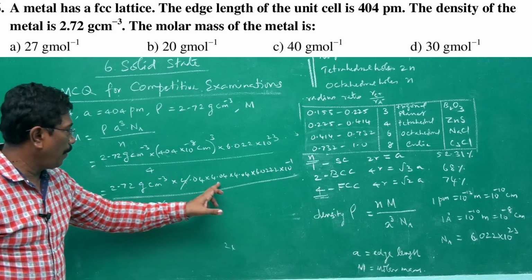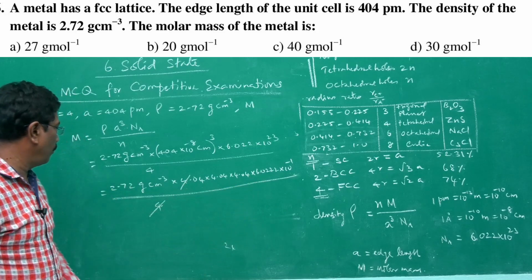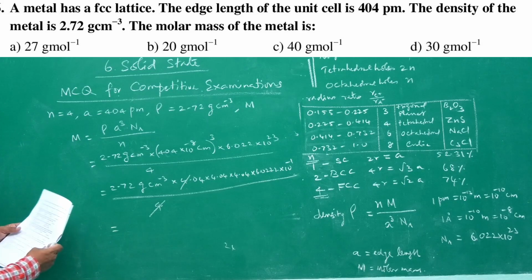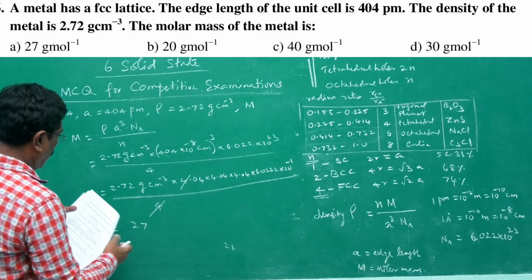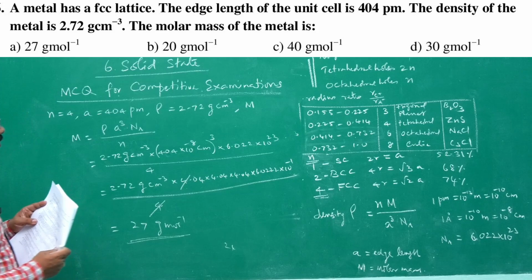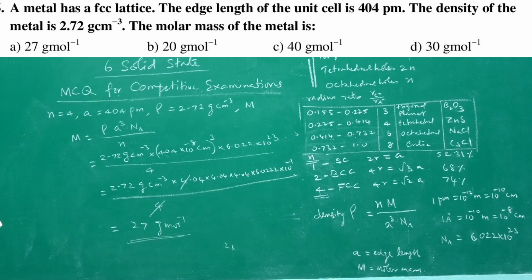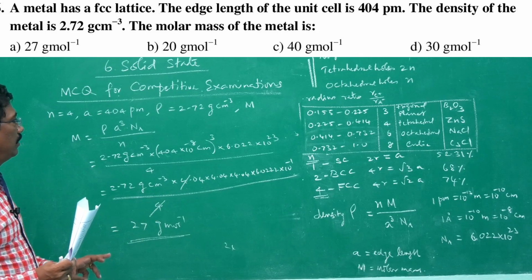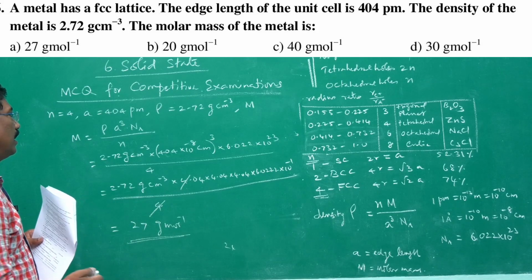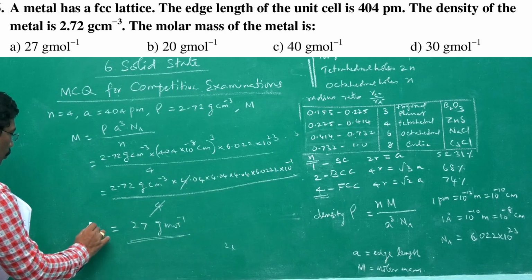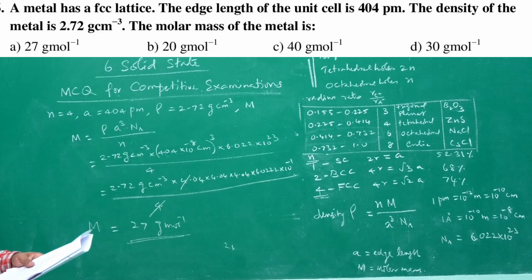If I multiply 4 into 4, 16 into 6, 64 into 2.72, the value will approximately be 27 gram per mole. So option A may be the correct option. Centimeter cube per centimeter cube gets cancelled, and therefore you will be getting the answer in gram per mole. It is for per mole, and therefore you will be getting this unit. So molar mass is equal to 27 gram per mole.